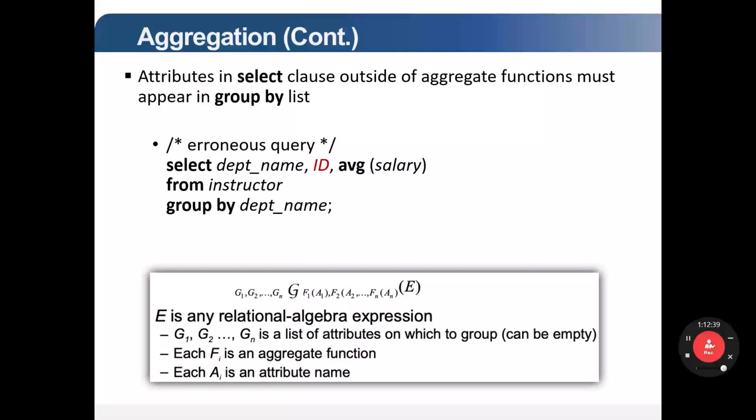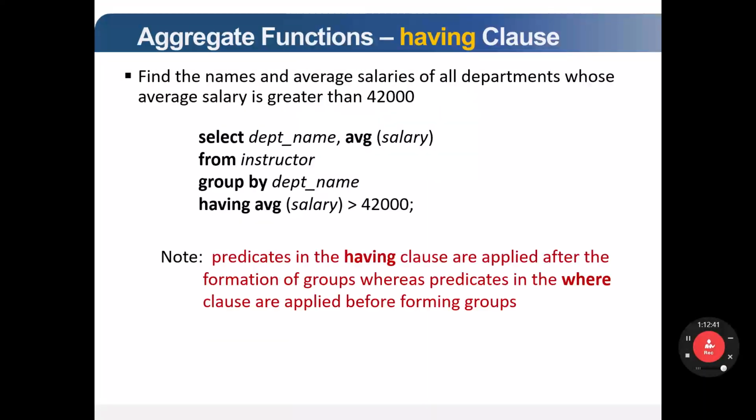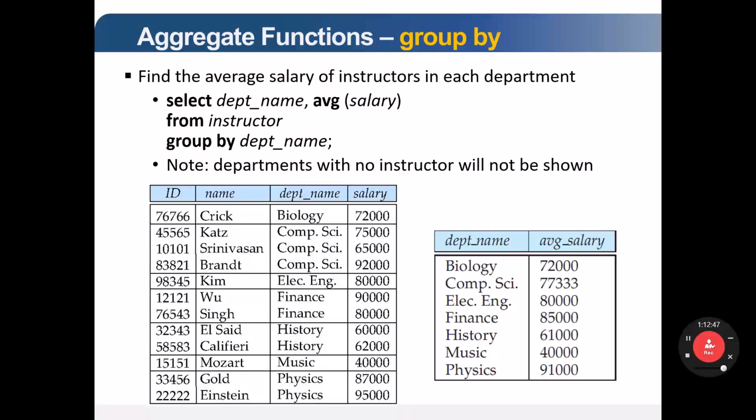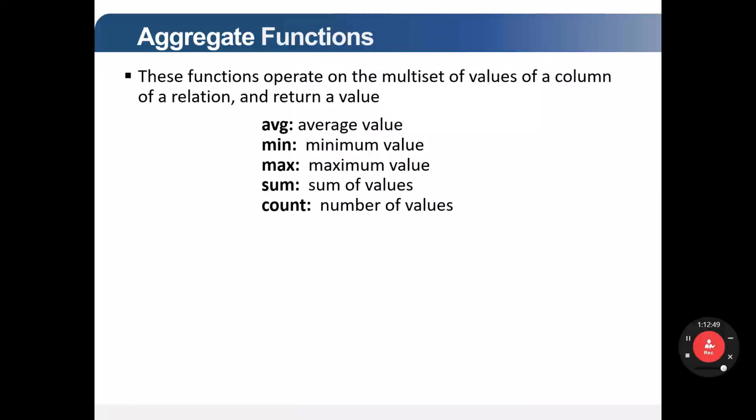Give me 1 second. We are almost done with basic DML, but since we are running out of time, maybe we will stop after aggregate functions. This is so simple. Just like we can use arithmetic operators like plus, minus, multiplication, division, we can use these aggregate functions in the select clause.